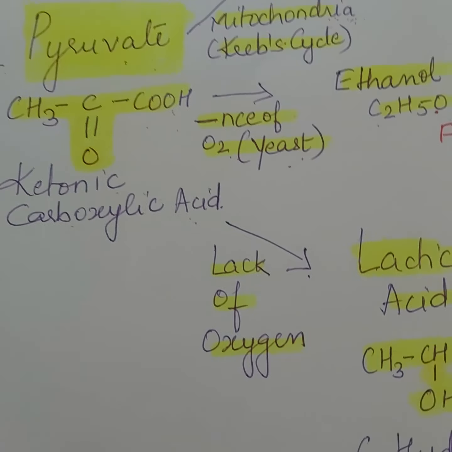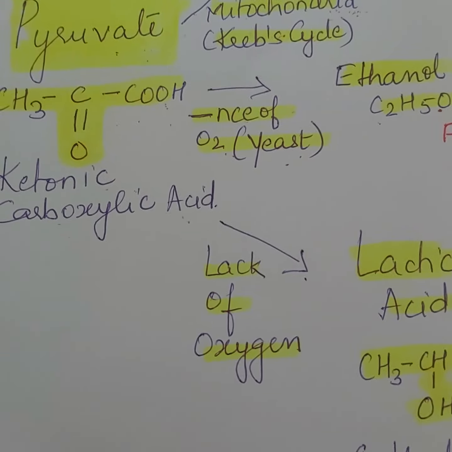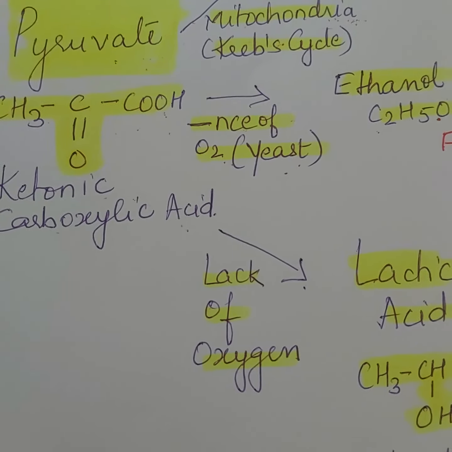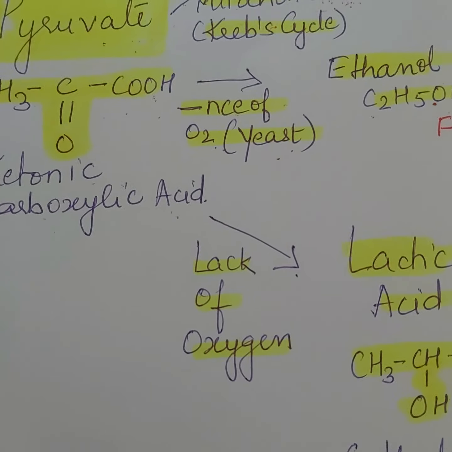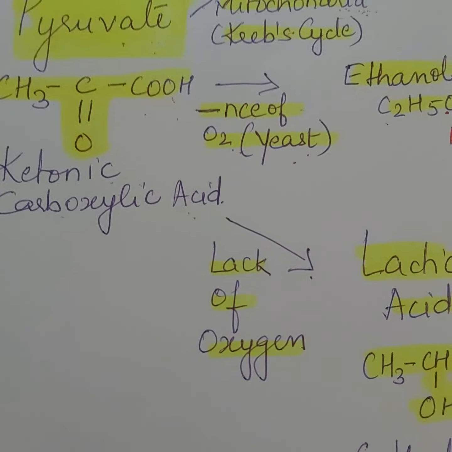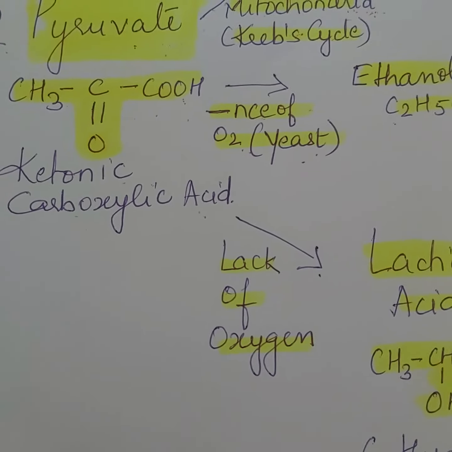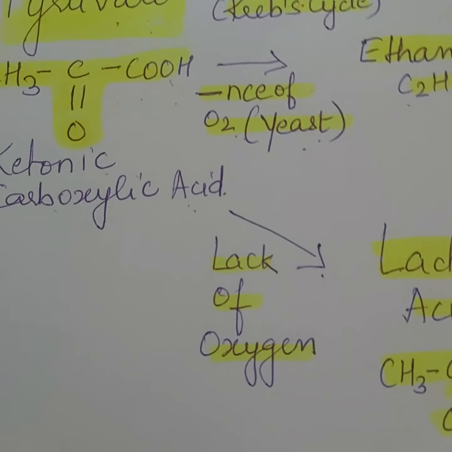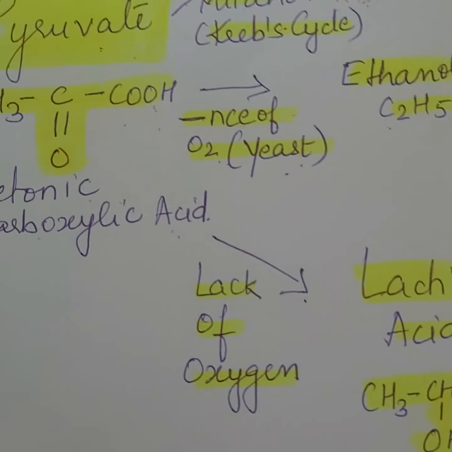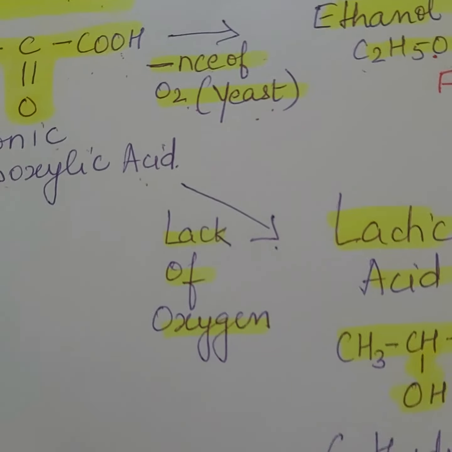Okay, we are all aerobic organisms, we respire in presence of oxygen. But when we undergo vigorous physical activity, when we run a lot or when we exercise a lot, we need a lot of energy. For that, a lot of oxygen is required, because oxygen is actually breaking down the food.